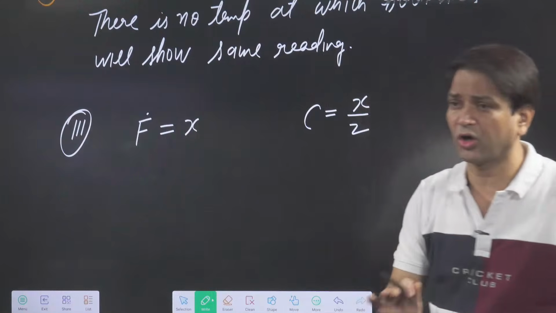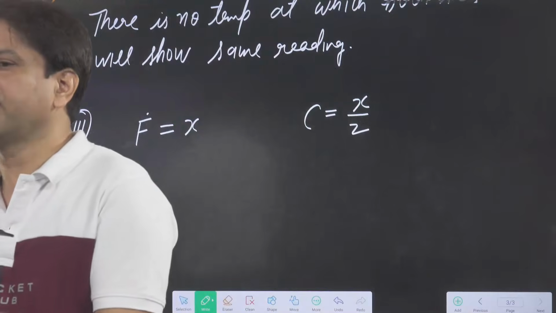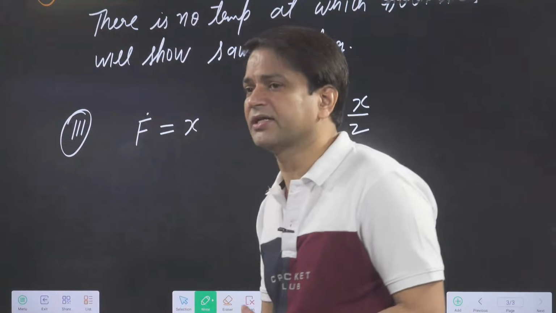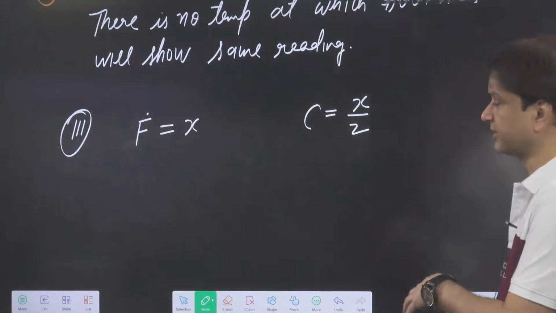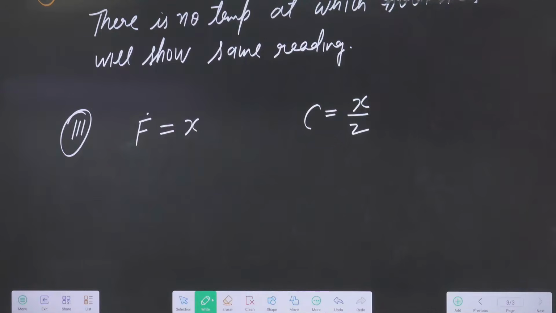This we can write, right? If the Fahrenheit is X, Celsius will be X by 2. Is it correct or not?